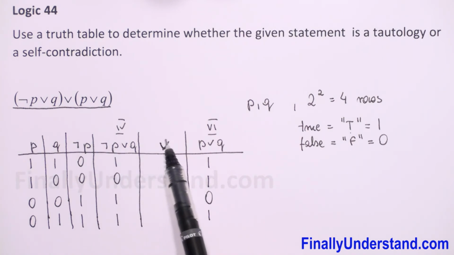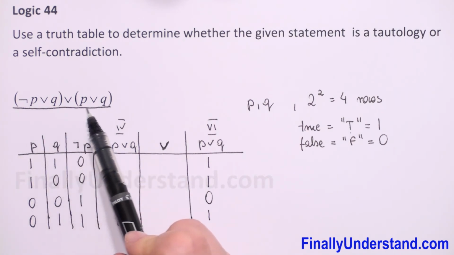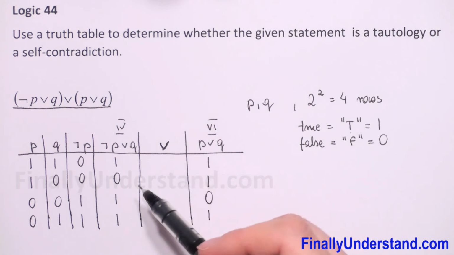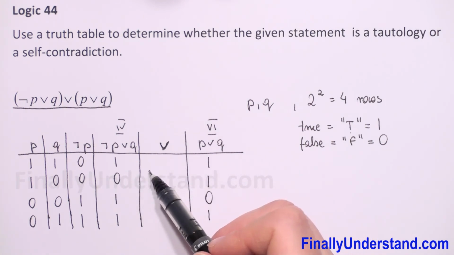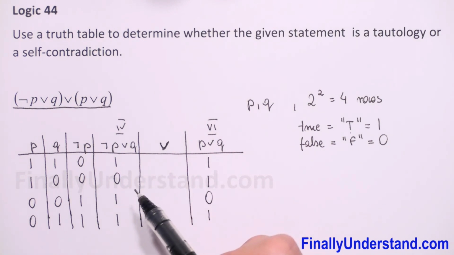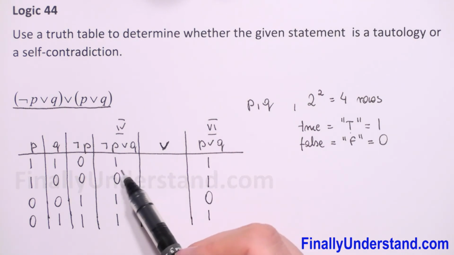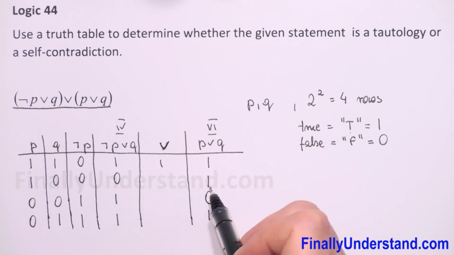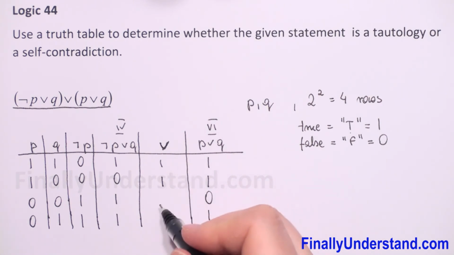In the fifth column we have this whole compound statement. Disjunction, like I said before, is false only when both statements are false. We have 1 or 1, so this is 1. 0 or 1 is 1. 1 or 0 is 1. 1 or 0 is 1.